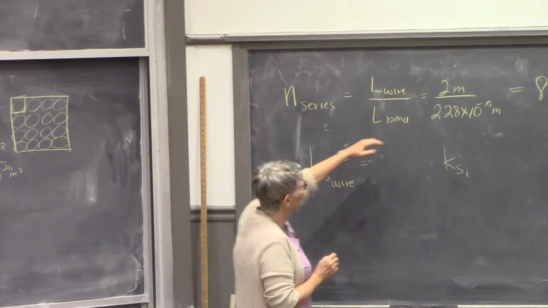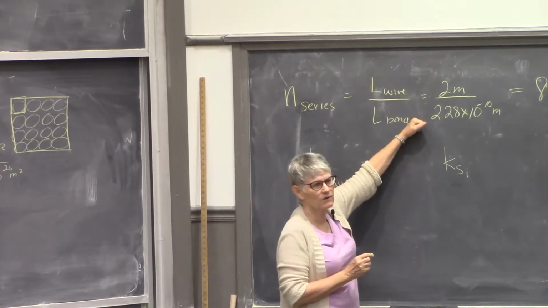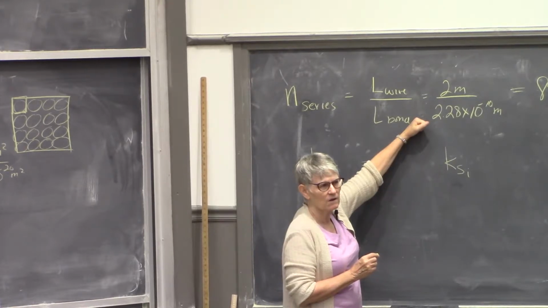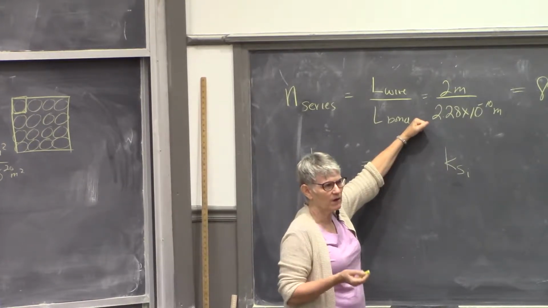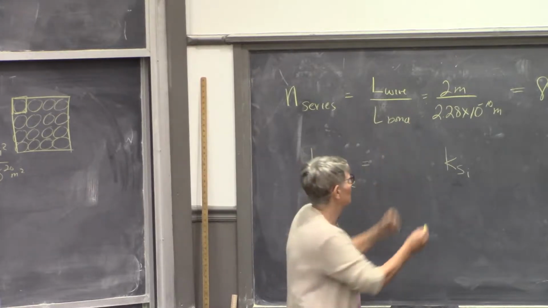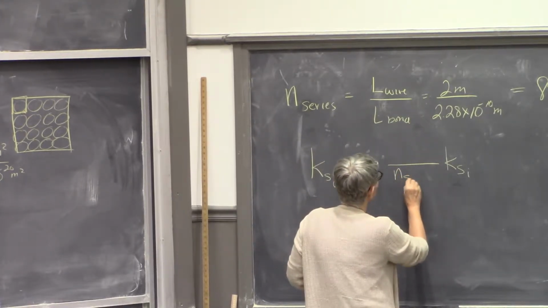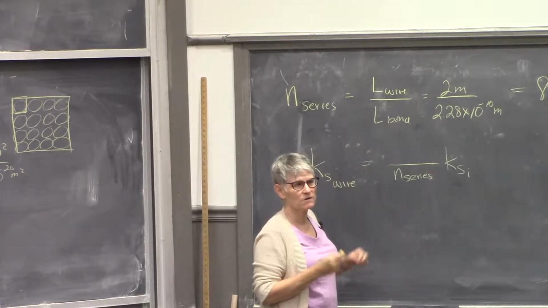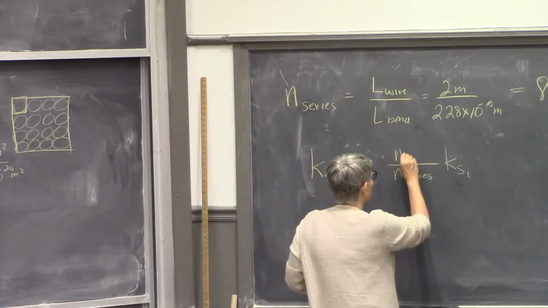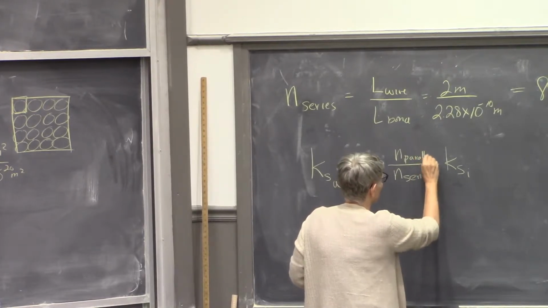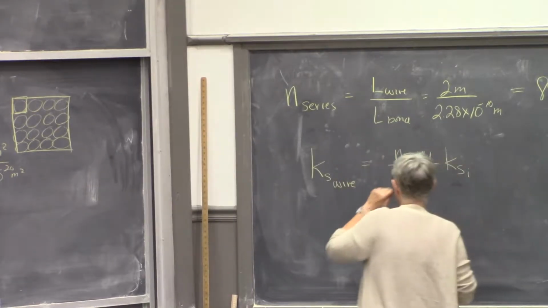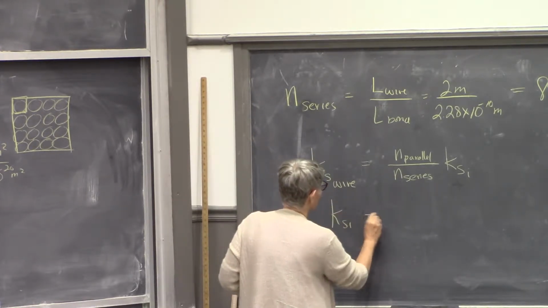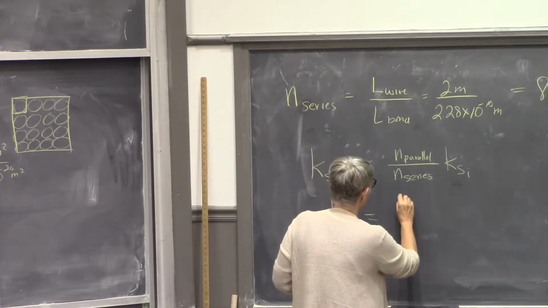So what do we do with the number in series? We're going to divide by, right? So what are we going to do with the number of parallel springs? Multiply by it.